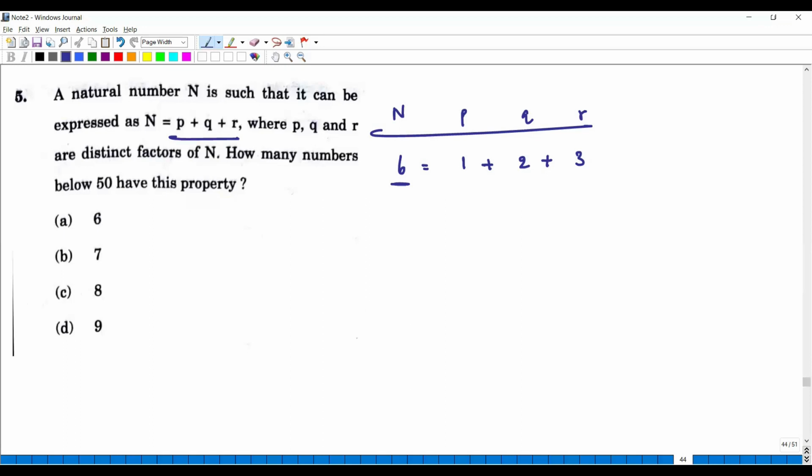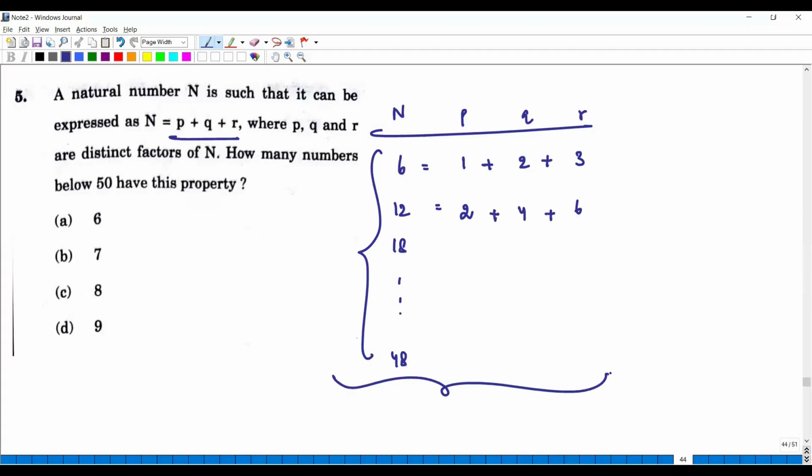Once you get this, then you can take all the multiples of 6. You can take 12, you can take 18 and so on up to 48. There are 8 multiples of 6, which is true because you multiply it with 2, 4, 6. So this is the pattern in this format. If you know this pattern, then you can easily solve it even though it is difficulty rated. So no other number will be in this format.